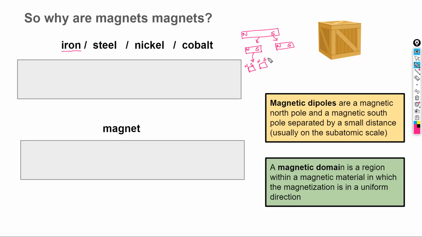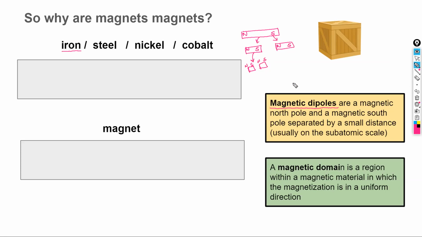In other words, you will end up with the smallest possible magnet ever. At that point, you call that type of magnet a magnetic dipole.